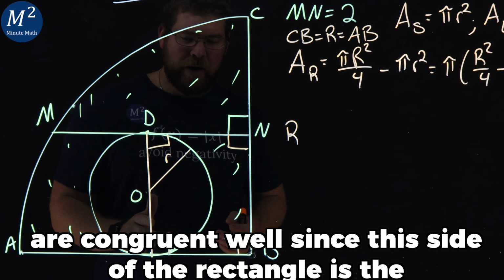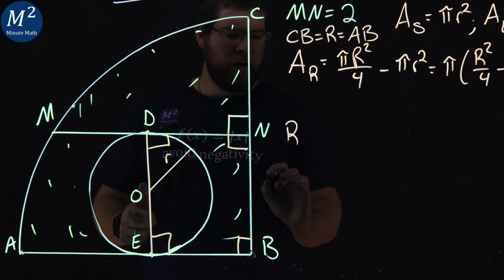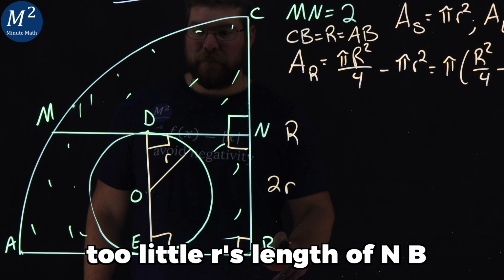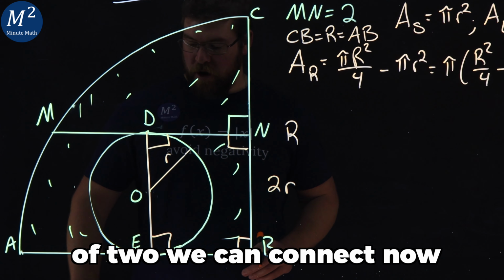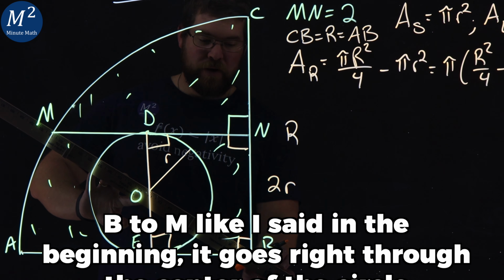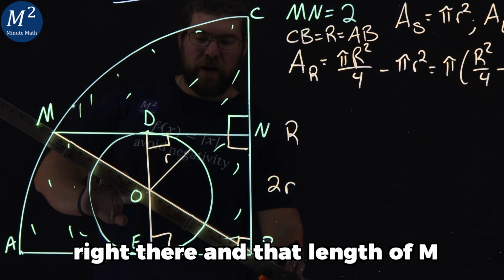Well, since this side of the rectangle is the radius plus the radius, or 2 radii, we can have here 2 little r's as the length of NB. And since MN is length 2, we can connect now B to M, like I said in the beginning, goes right through the center of the circle, right there.